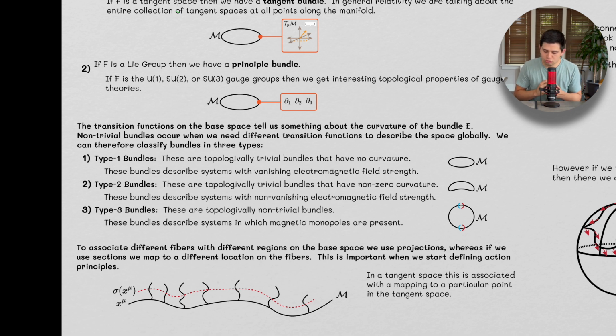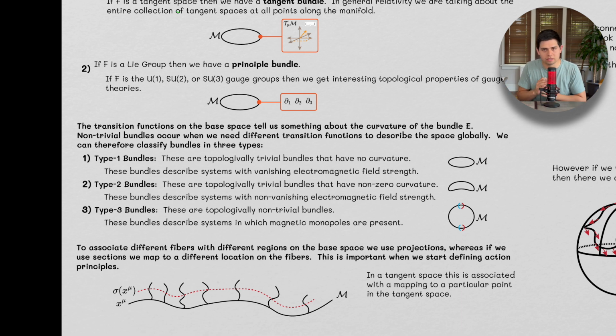So non-trivial bundles occur when we need different transition functions to describe the space globally. Okay? We can therefore classify the bundles in three different types. The first type being topologically trivial bundles. Okay, so trivial bundles are the bundles where the transition function is the same everywhere.